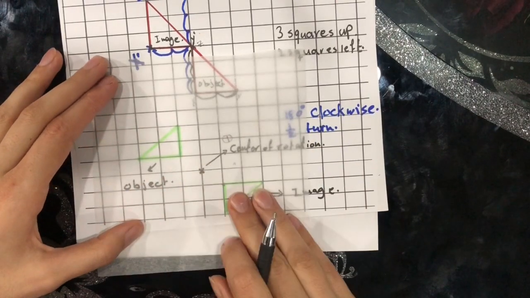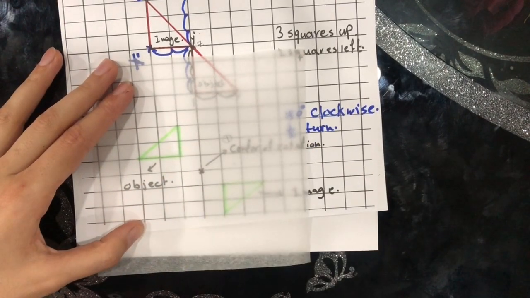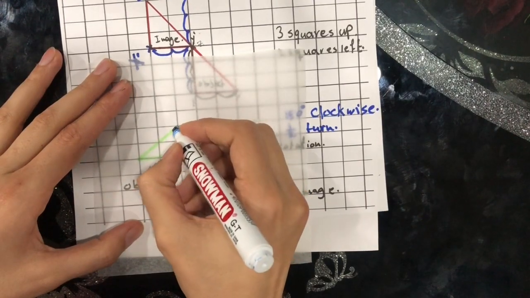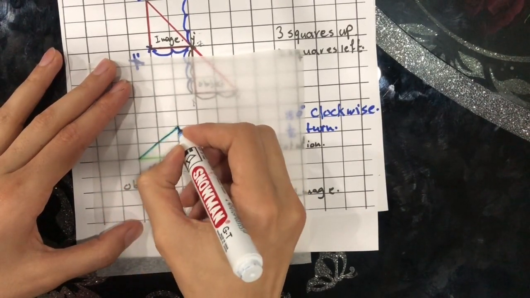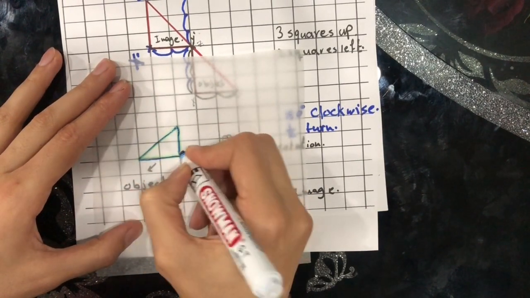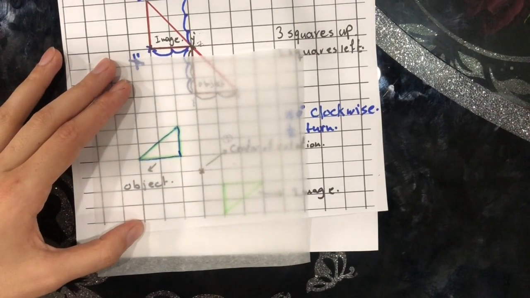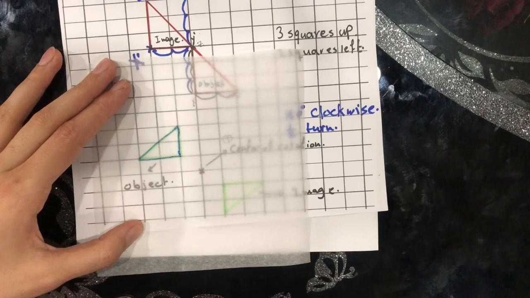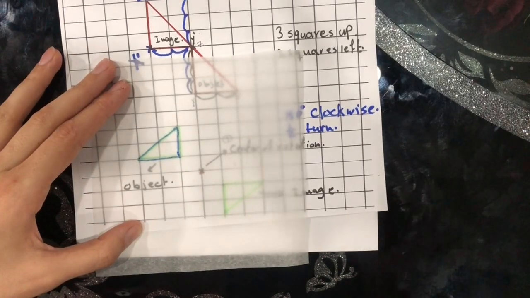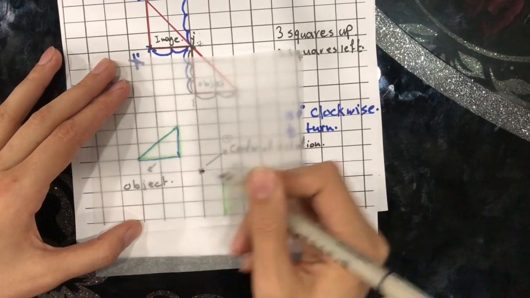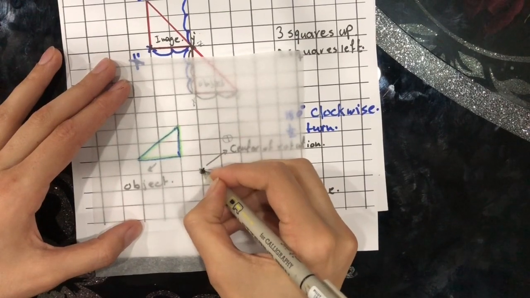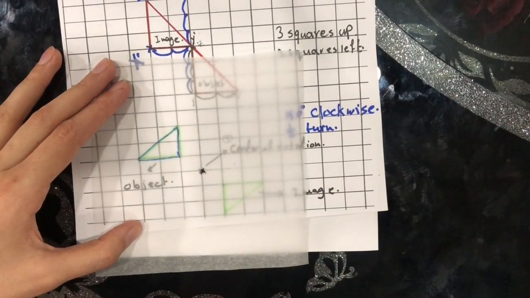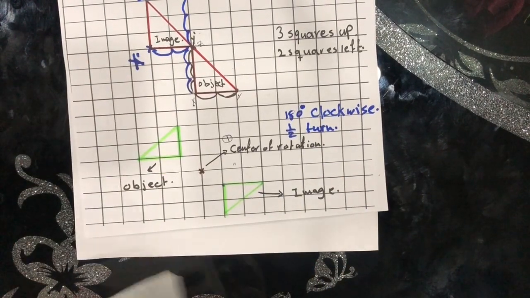Now, for this question, I will draw our new object right here. And then we have the center of rotation that was assigned in the question.